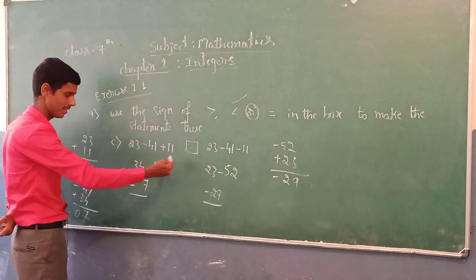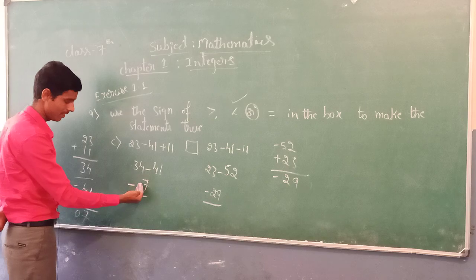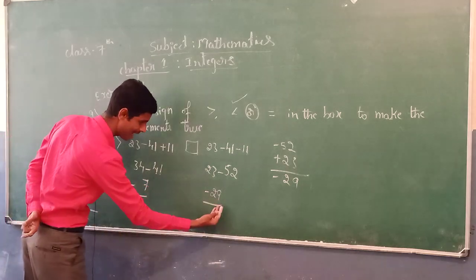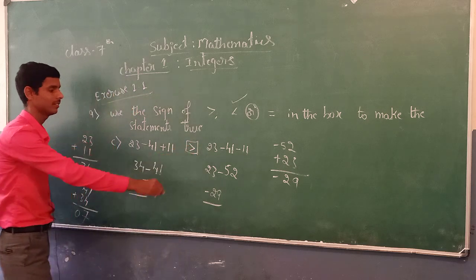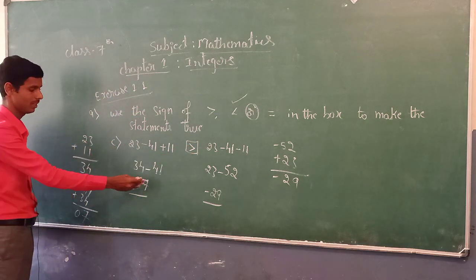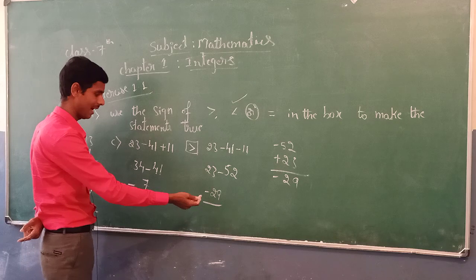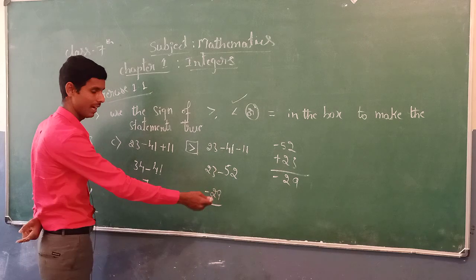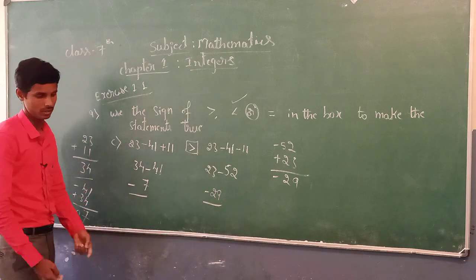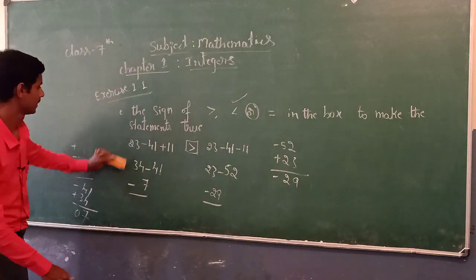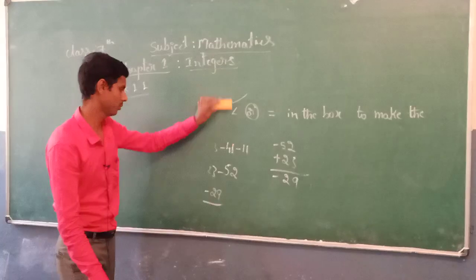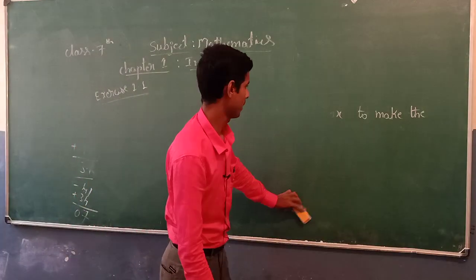Therefore, we will put greater than symbol, because minus 7 is greater than minus 29. Next, we will move to next one.